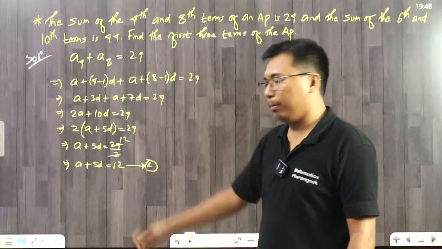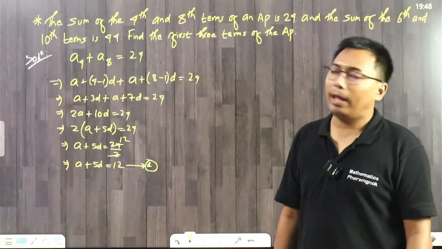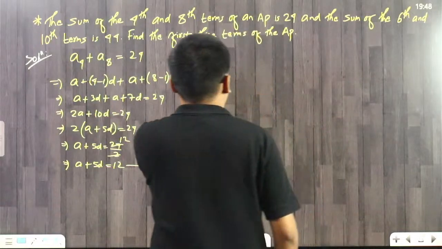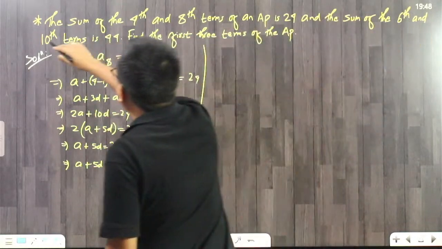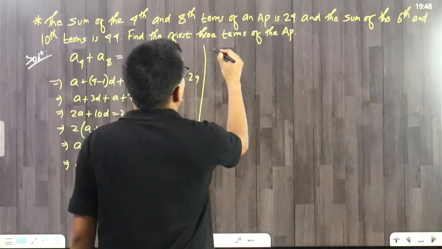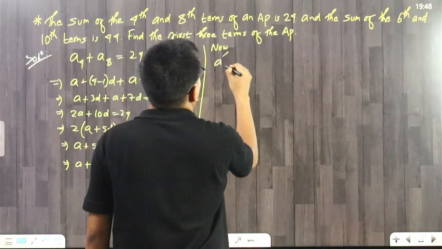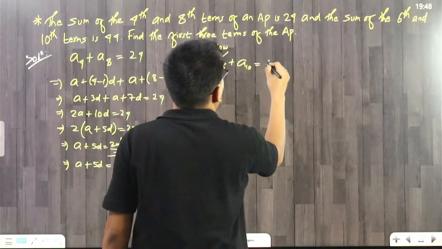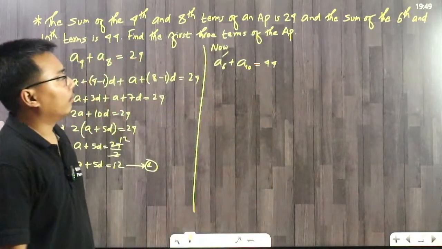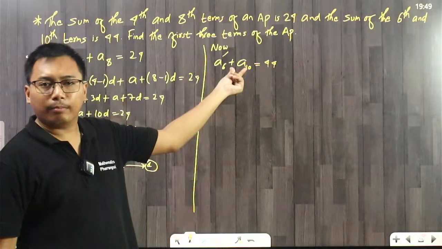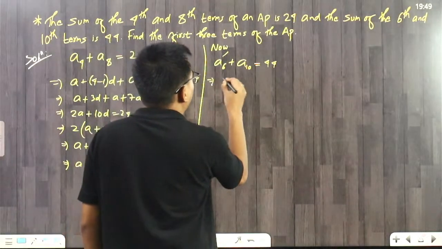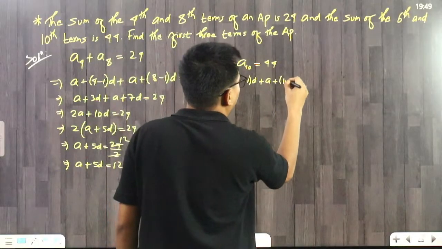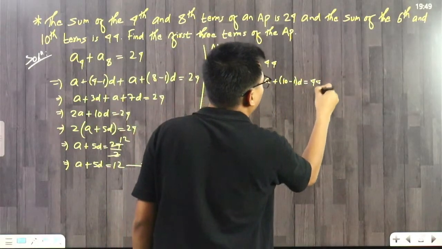So this is our equation number 1: A plus 5D is equal to 12. Now, let's find our other equation. What's given? The sum of the sixth and 10th terms is 44. A6 plus A10 is equal to 44. A6 will be A plus (6 minus 1)D, A10 will be A plus (10 minus 1)D, equal to 44.